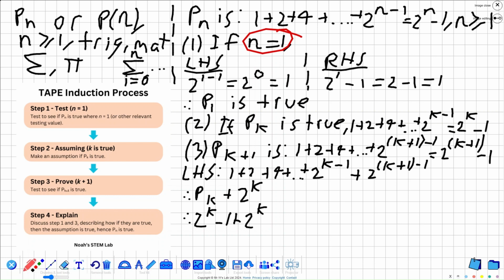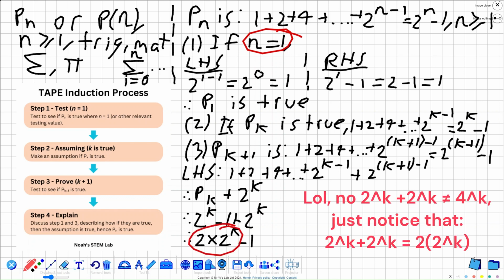Now what we're trying to do is get this equation into this kind of structure here. So we can do something slightly complicated: we can say, therefore, 2 times 2 to the power of k - 1, because if we were to add these two, that would obviously be 4 to the power of k, and so we can just change that up so it's 2 times 2 to the power of k.